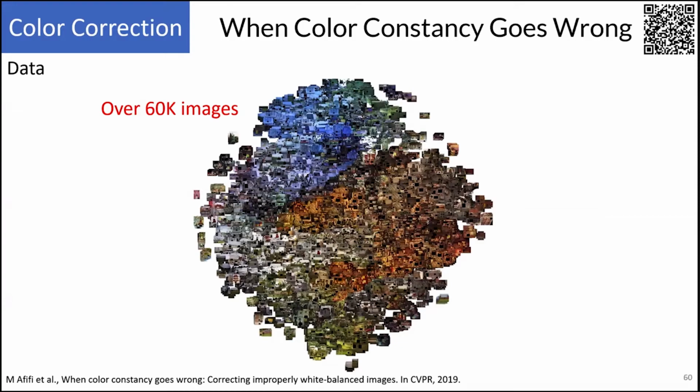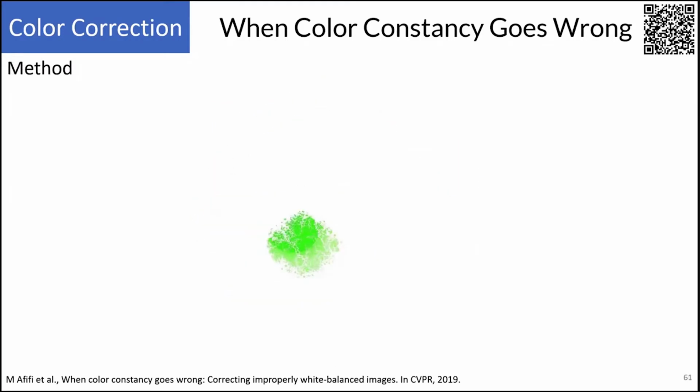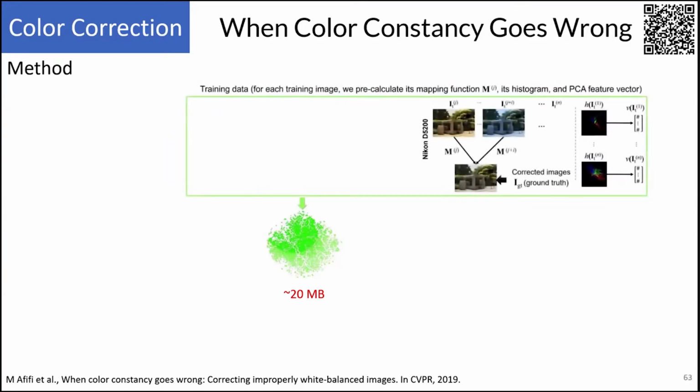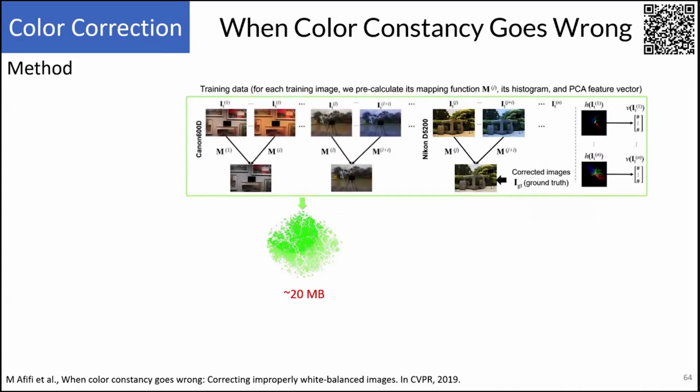From these over 60K images and their PCA projected features, we build our model. Our model requires only 20 megabytes of memory to run, and it includes the PCA projected features and also the mapping between incorrectly white-balanced images and the corresponding ground truth. We store that for all images in our dataset, and all of that requires only 20 megabytes.